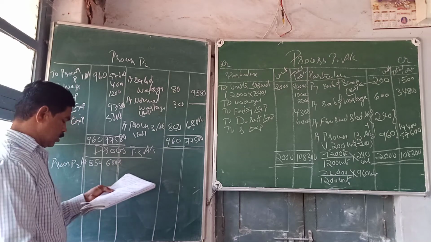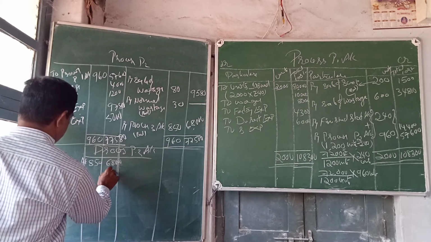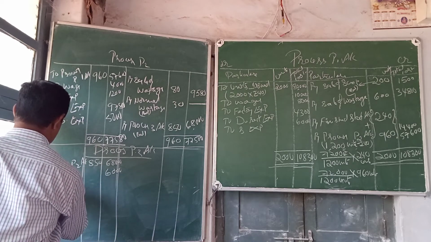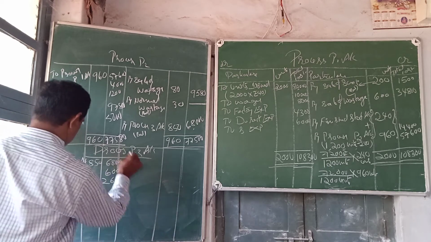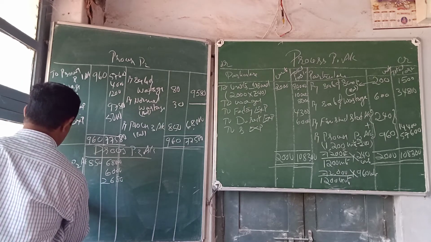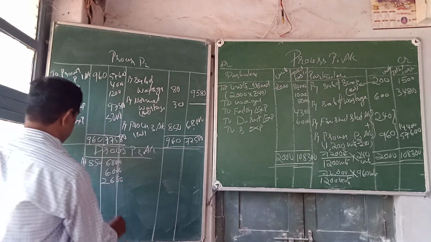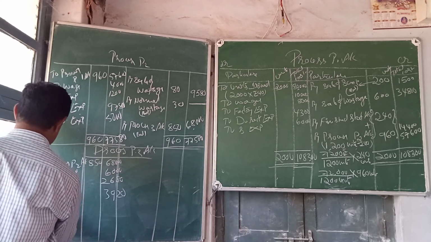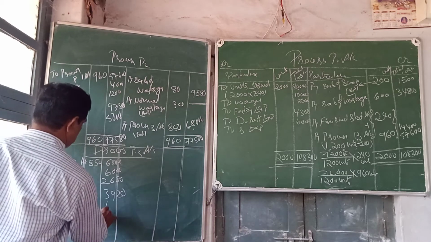Now all other expenses: to wages 6,000, to direct expenses 2,680, to factory overheads 3,920, to sundry expenses 1,000.